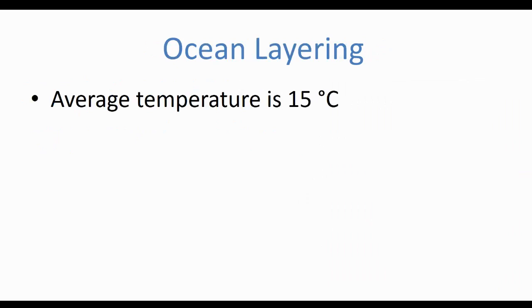Oceans have layers based upon their temperature and how salty they are. Average temperature of ocean water is 15 degrees Celsius, but the range is -2 degrees Celsius to 38 degrees Celsius, which you see near the equator. Obviously, as you go down, the temperatures are going to decrease.